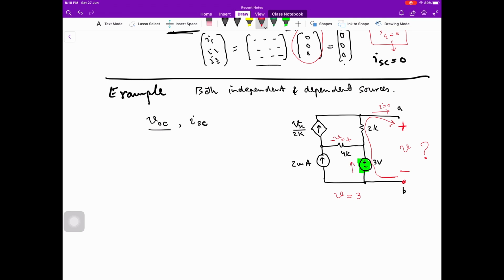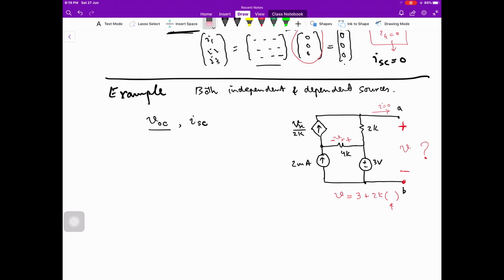So what is the voltage across this, with this polarity? It is the current flowing through this 2K ohm resistance multiplied by the resistance itself. Now over here, this is a plus 2K multiplied by the current flowing through the 2K ohm resistance in upward direction.